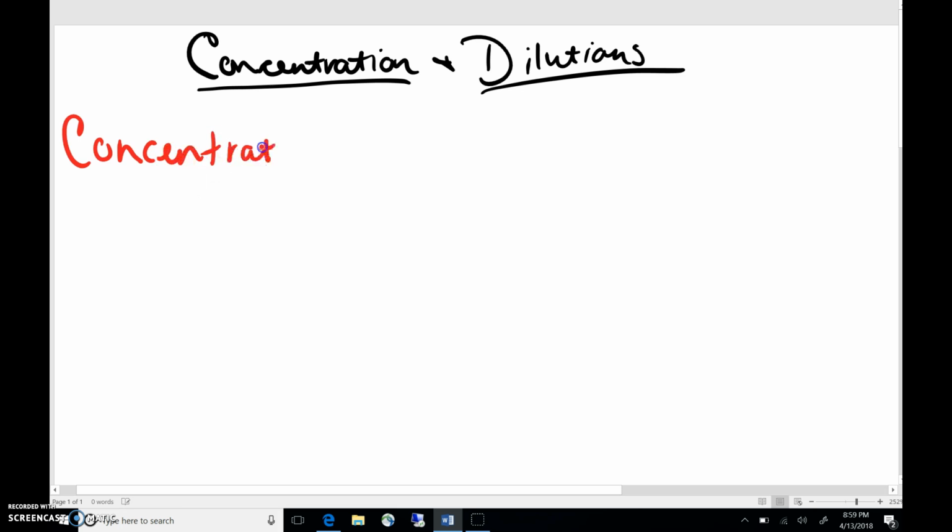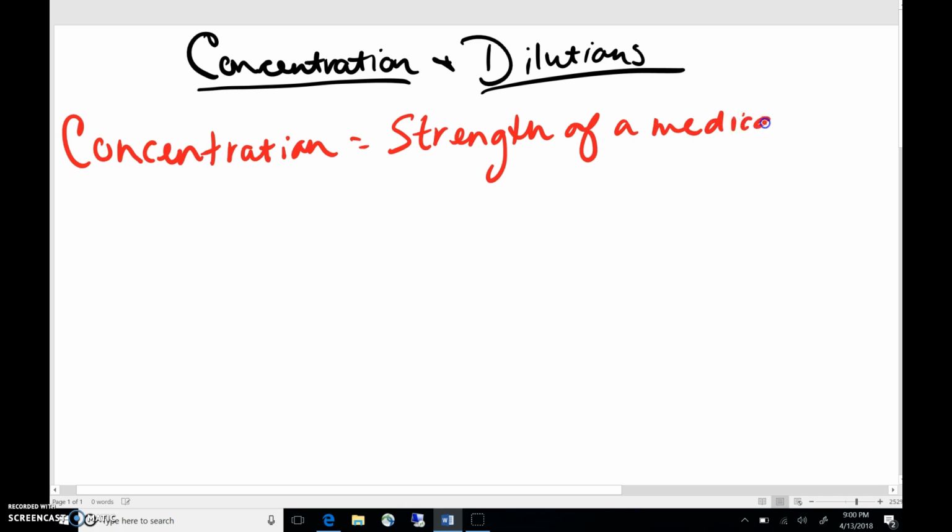And you guys know that a concentration is basically the strength of a medication. All right? Strength of a medication. So the terms can be used either or, concentration or strength. All right? And so you guys know that concentrations can be expressed 3 different ways.